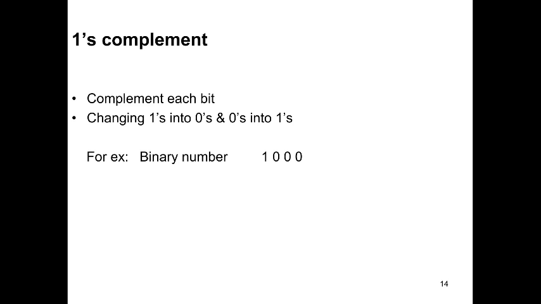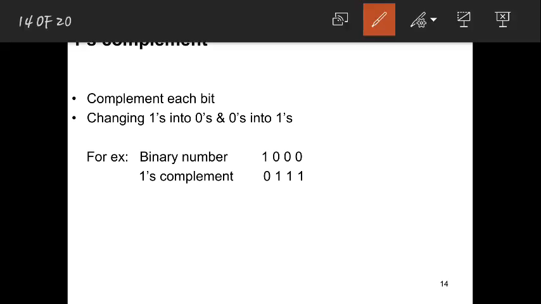As I showed you an example, now you try this 1 0 0 0. What will the ones complement of 1 0 0 0 be? Yes, definitely the answer would be 0 1 1 1. So this is the ones complement. Just remember: replace ones with zeros and zeros with 1.